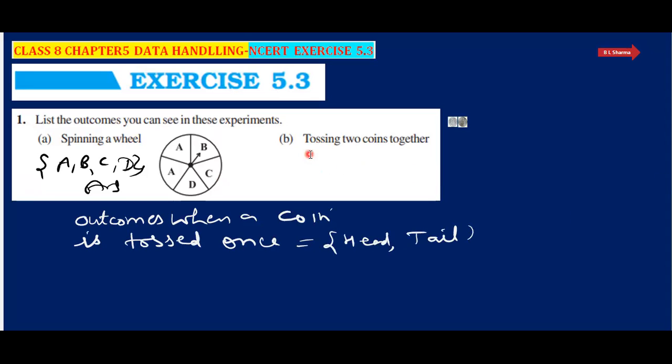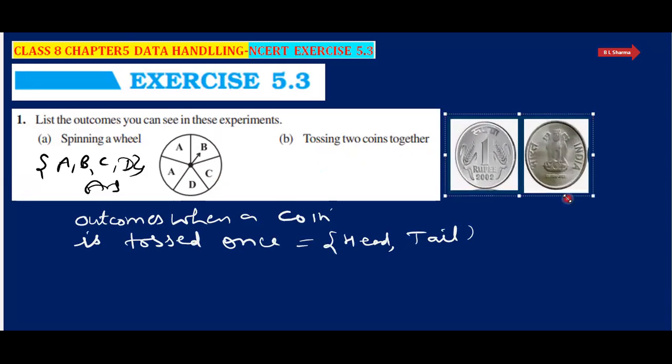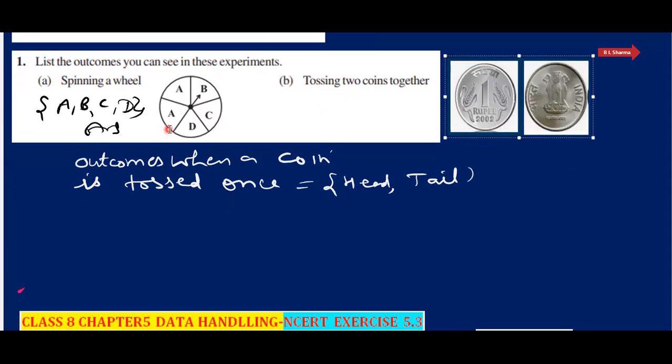But here it is given there are 2 coins, tossing 2 coins at a time. 2 कॉइन है और एक साथ आपको इनको टॉस करना है. देखिए कॉइन्स हैं. So I am writing here the second part of it.